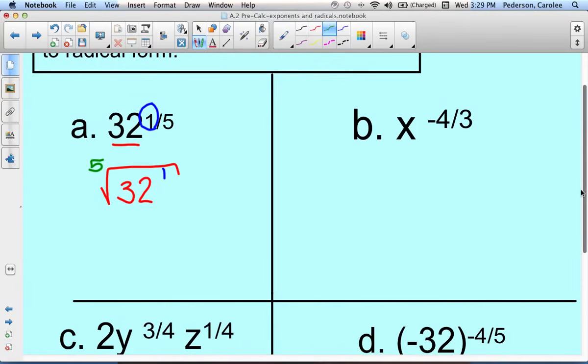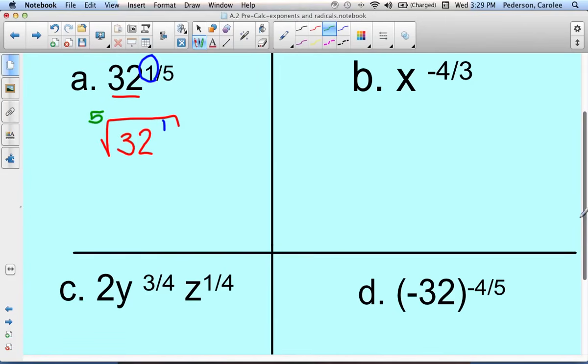And then we see if we can simplify that. We can simplify the 5th root of 32 as 2 times 2 times 2 times 2 times 2, or 2 to the 5th. And then we have the 5th root out in front. Remember that if you have a power and an index equaling each other, everything cancels out, you're left with just the base of 2.